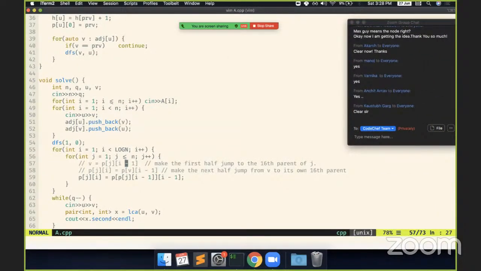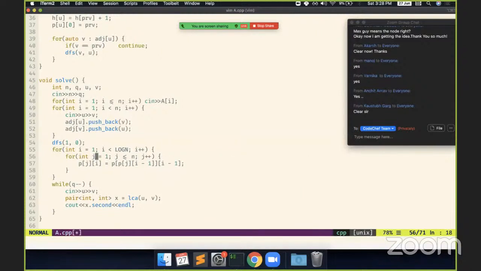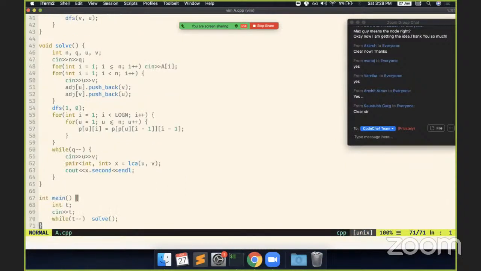Okay, so we had this, right? For simplicity, let's label this u. Does everyone remember this code? We had int main, t test cases.